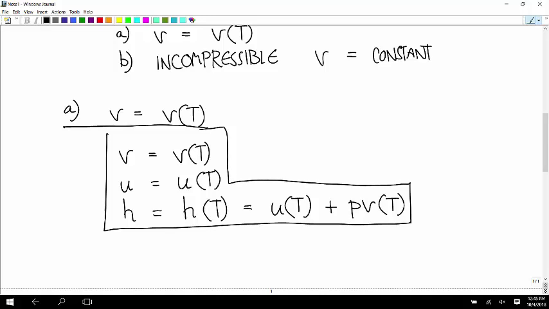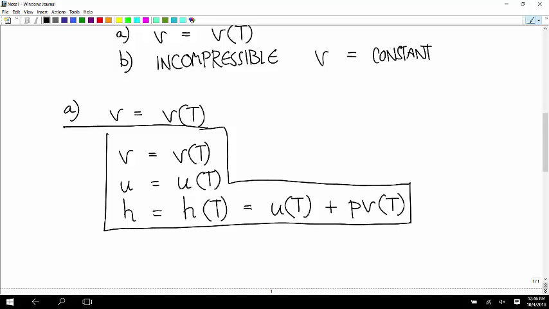And since we're assuming that these are only functions of temperature, we're going to assume that these values are accurate no matter what pressure you use. And if it can be at any pressure, then you might as well choose the pressure where your temperature is the saturation temperature. You know what I mean? Because that's easier to find.